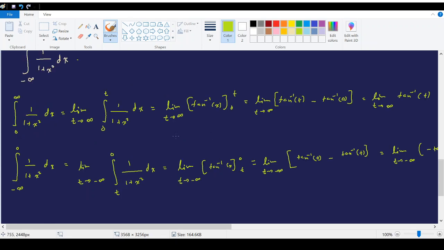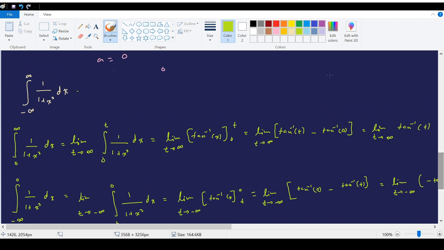So if we compute the two integrals separately, we can see that when you have 0 as the lower limit and infinity as the upper limit, the integral will go like this.